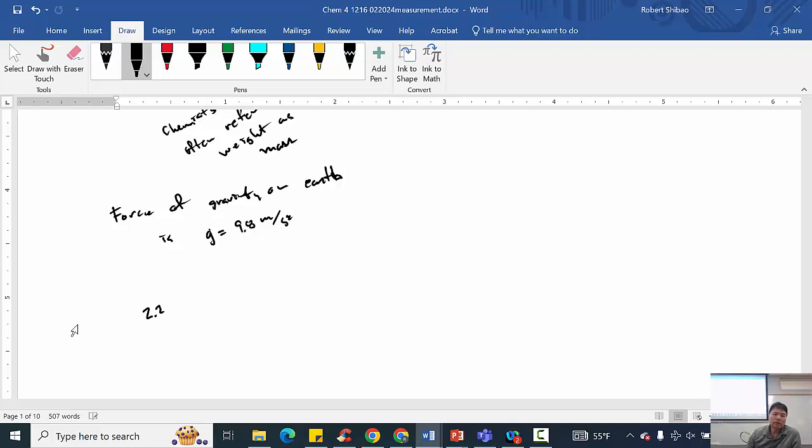There are 2.202 pounds, or sorry, not pounds, kilograms, 2.202 kilograms per pound. So 1 pound is about 2 kilograms.